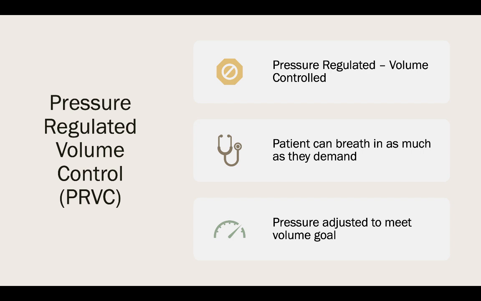So we need to watch that as well. We're pressure regulating, but we're volume controlling. We've set a volume, but then we've set some pressure guidelines and boundaries. So our pressures are adjusted to meet our volume goal for each breath.